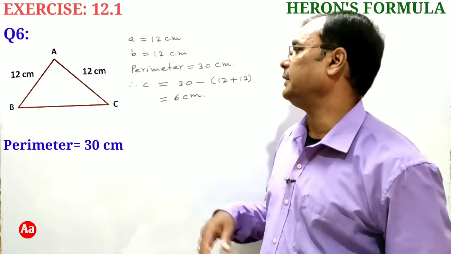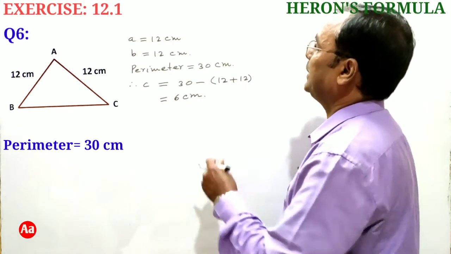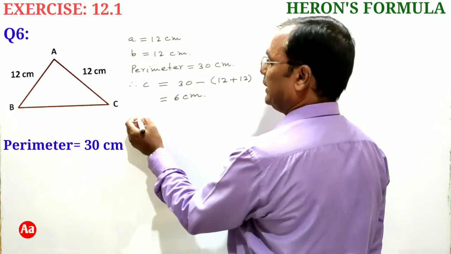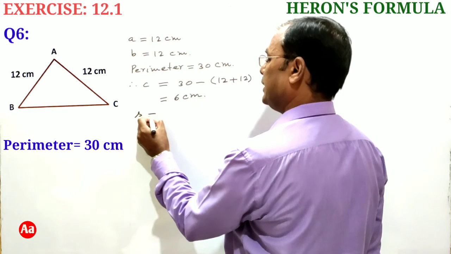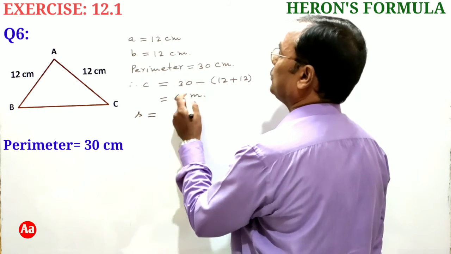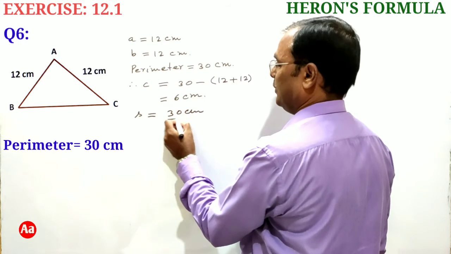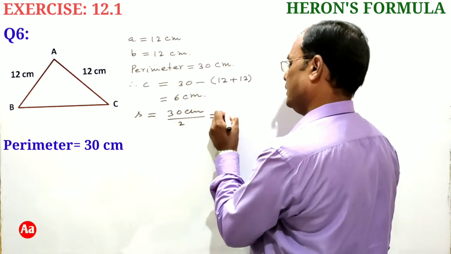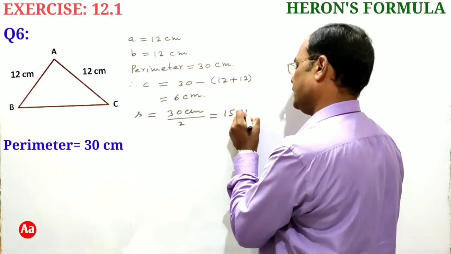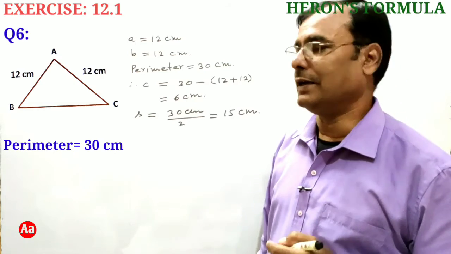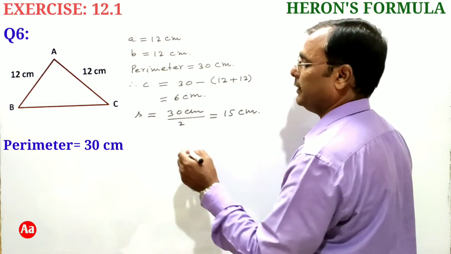We are going to find this perimeter is already given. So area of the triangle. To find area of the triangle, we need semi-perimeter, which is equal to perimeter 30 centimeter divided by 2, 15 centimeter is semi-perimeter of this isosceles triangle, and area we are going to find out.